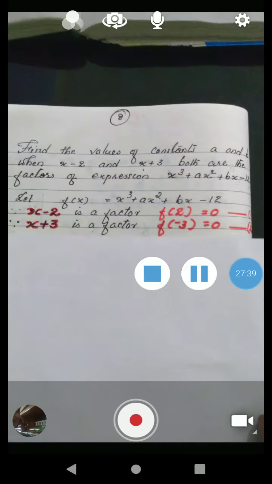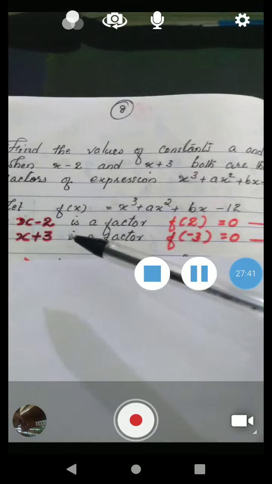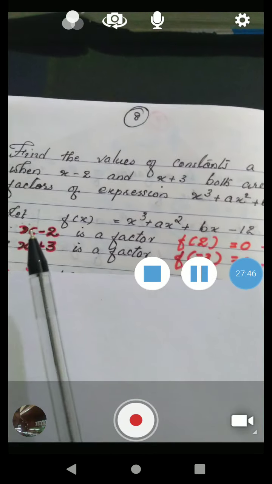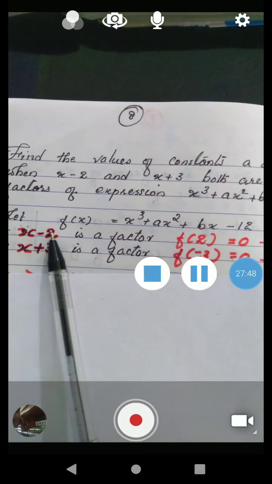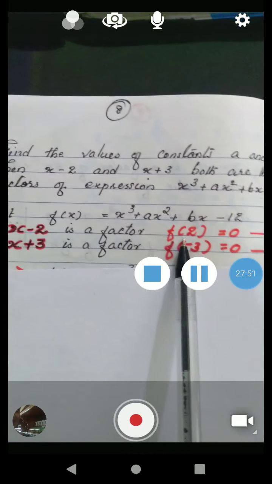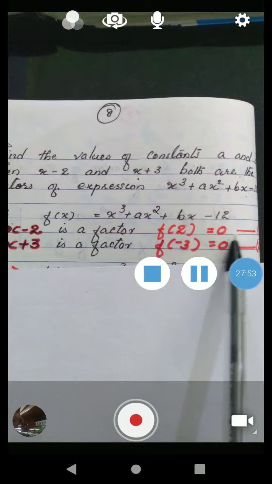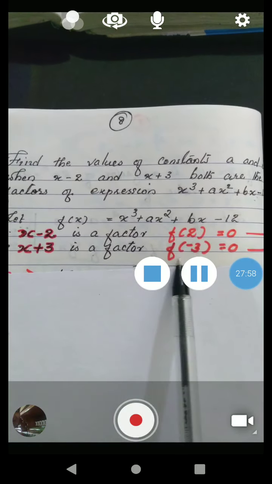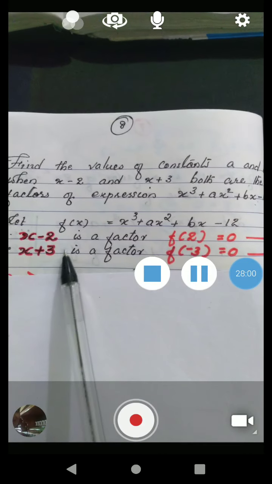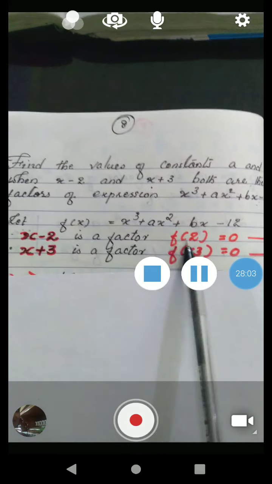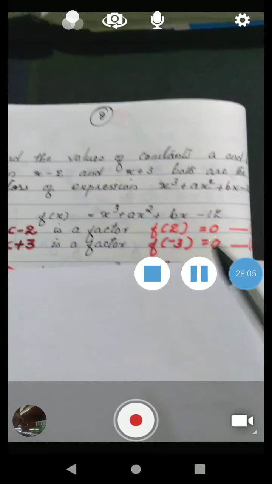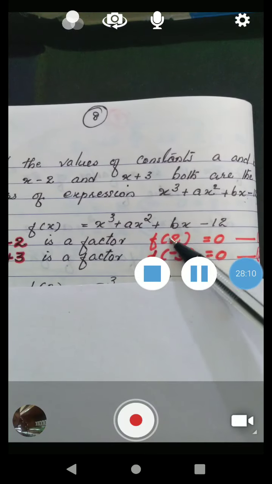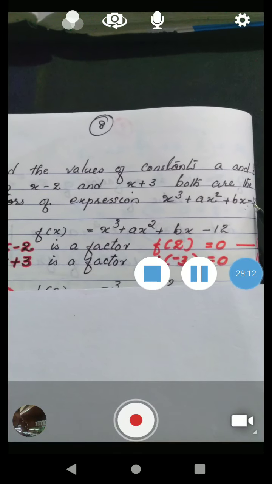Okay. Now you can see, since x minus 2 is a factor, here it is very easy to get the value of x. X is equal to 2. F of 2 is equal to 0. That is first equation. When x plus 3 is a factor, f of minus 3 is equal to 0. We get two equations. That means substitute 2 here, we get one equation.